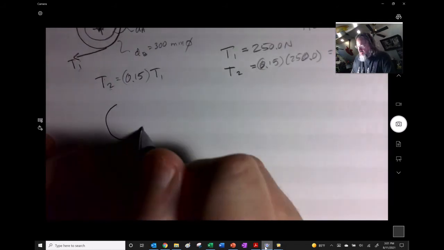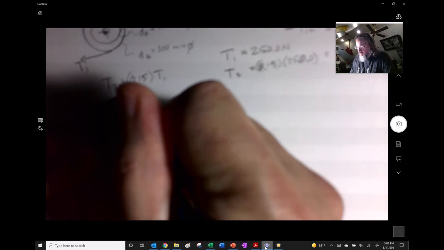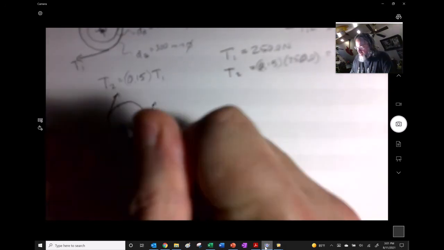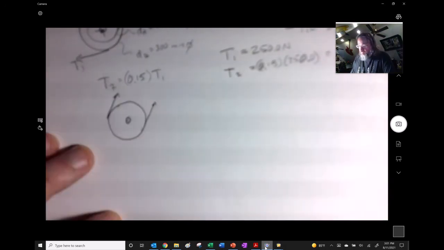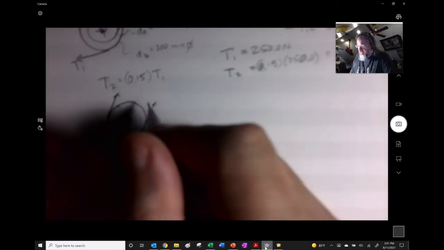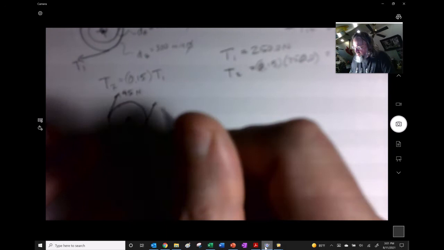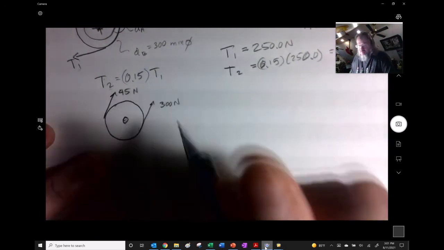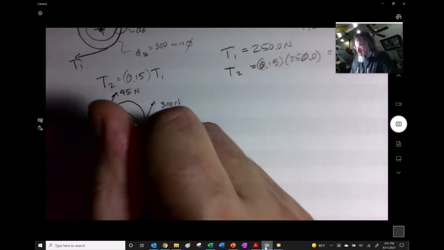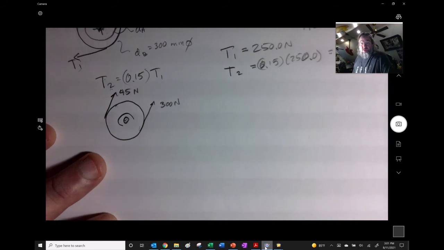So I draw another free body diagram up here, but this time only the shaft is in place. I'll write this out as 45 newtons, and here's my 300 newtons. And here we're going to have a torque. Which way is the torque going to go?